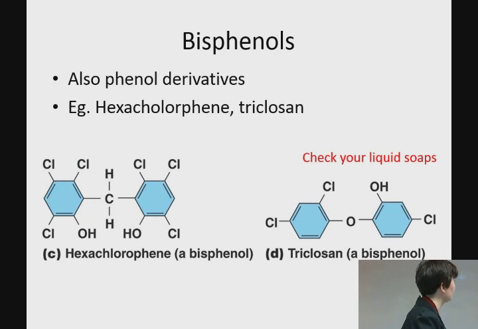Another type of derivative called bisphenols are shown here, and two examples that you may have heard of: hexachlorophene and triclosan. Triclosan is a really commonly used additive in liquid soaps these days. They tend to be quite effective at killing bacteria, but because of that, there is some suggestion that they may actually be ultimately harmful for two reasons. One, are they going to distinguish between normal flora and pathogens?